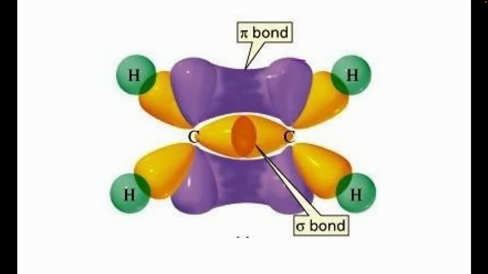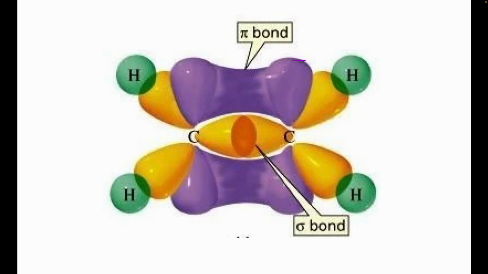A sigma bond is exactly what you would expect a covalent bond to be. I'm sharing a pair of electrons with this other atom. That pair of electrons is sitting directly between the two of us, right? So in a sigma bond, that pair of electrons is being shared between those two bonded atoms.